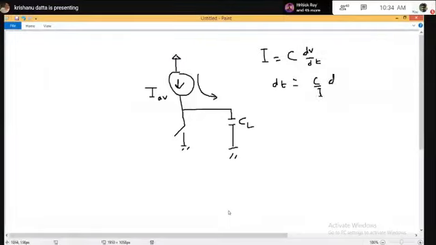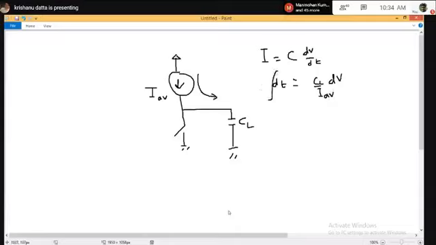Now in this case, C is CL and I is IAV. So now if I integrate, that will give the delay. As you know, CL is constant, IAV is constant, so the integration changes to the last part.